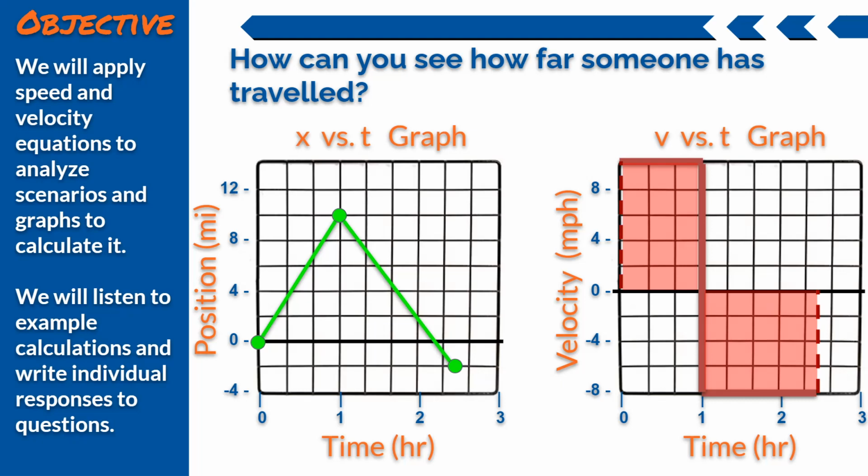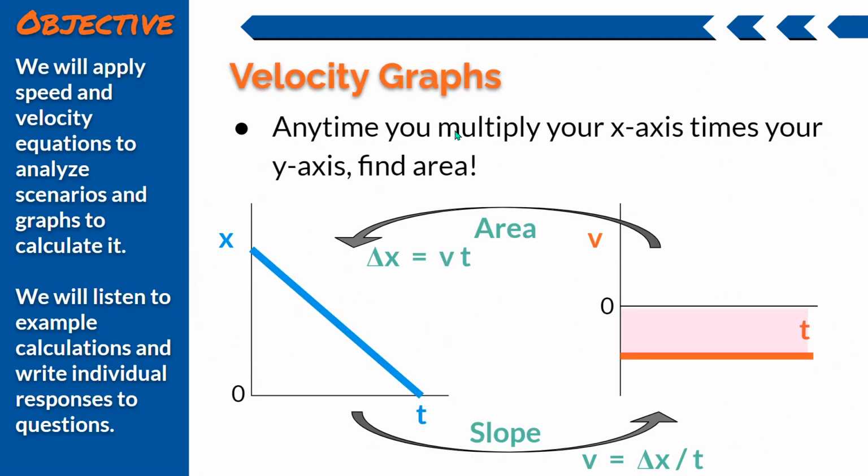Or you just read it. I traveled 10 miles per hour for 1 hour. How far did I go? 10 miles. That's what you're going to get if you multiply length times width and find the area for the first segment. So you can answer that question with a VT graph as well, but you have to find the area. And that's what this says.